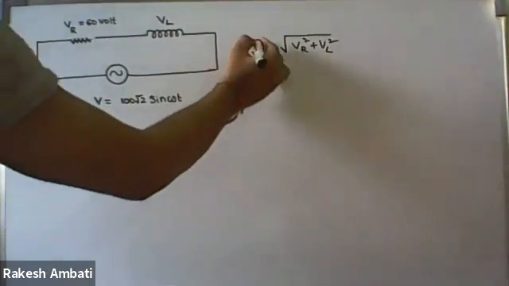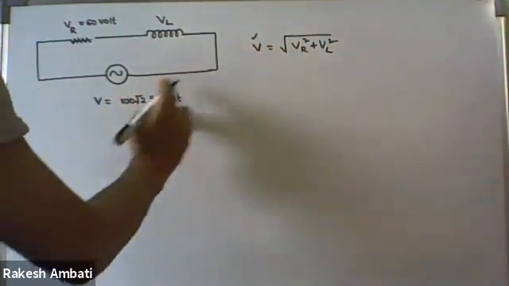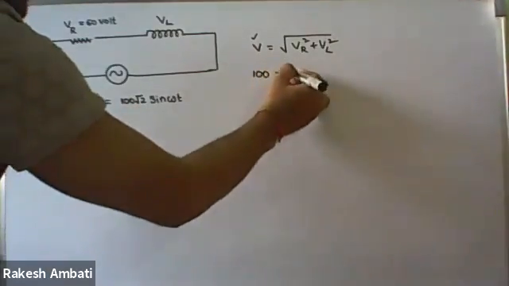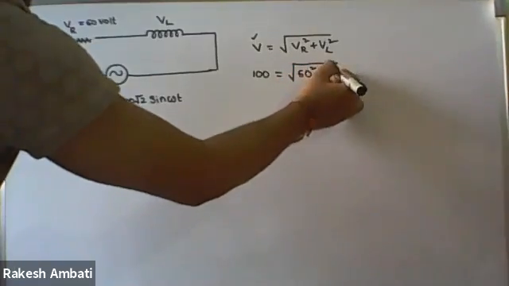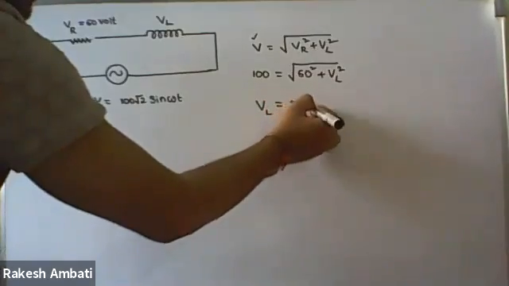Therefore, in the place of V, if VR is given in RMS, this V should also be RMS. So the RMS value 100 equals root over VR square plus VL square, so 60 square plus VL square. If we simplify, VL equals 80 volt.